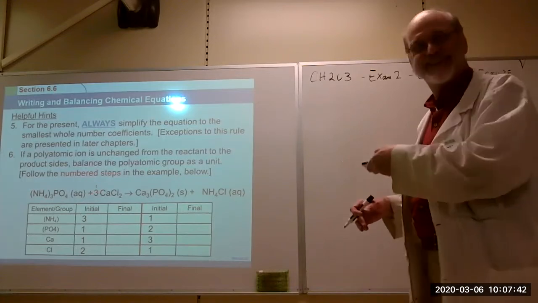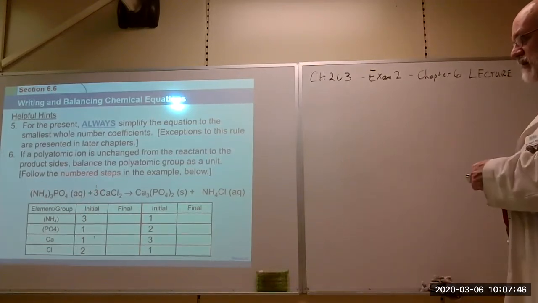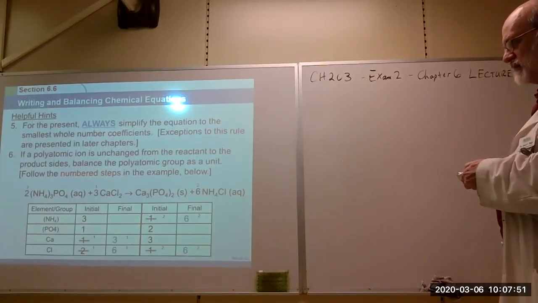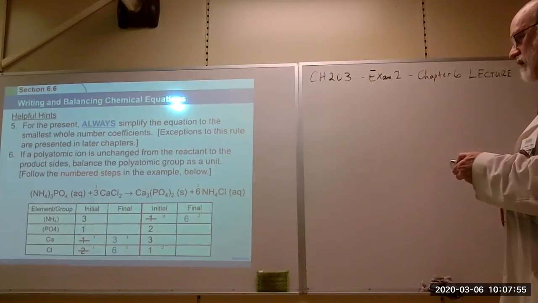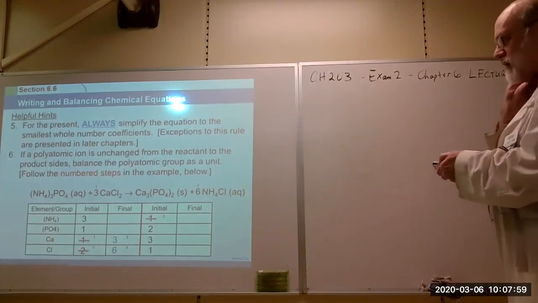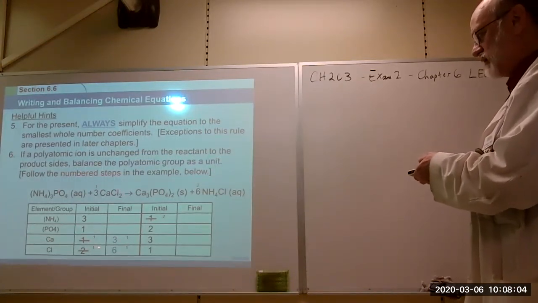This one came first. So with this 3 in front of here, that changes our calciums to 3. That gives us 3 calciums and 6 chlorines on this side.